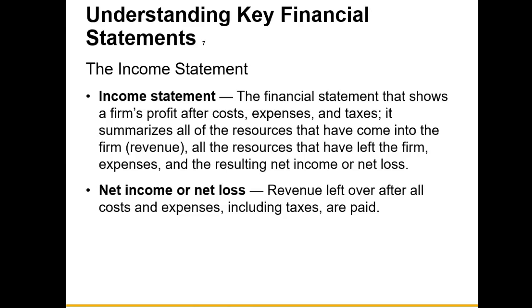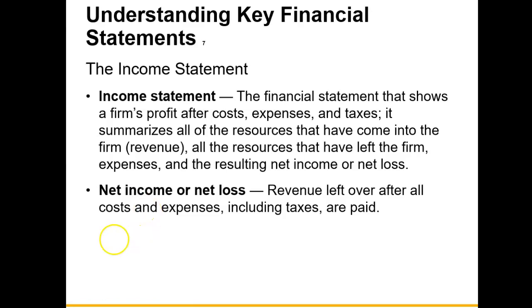Now, on the income statement, it will show whether we have net income or a net loss for a specified period of time. Now, if your total revenue exceeds your costs and expenses, you will have what's known as net income, meaning that your company earned a profit.